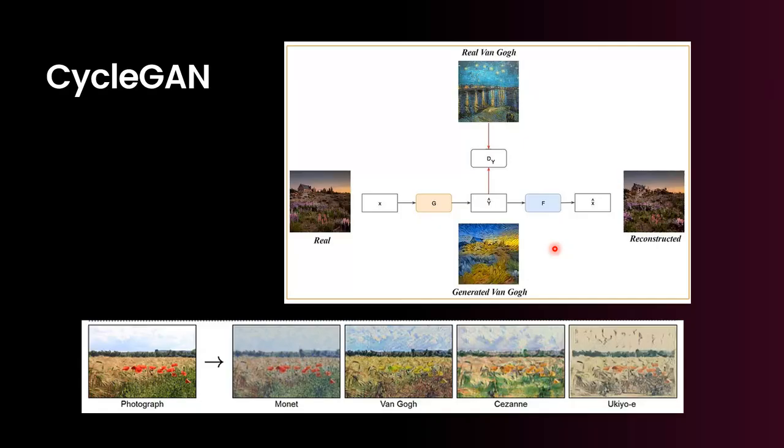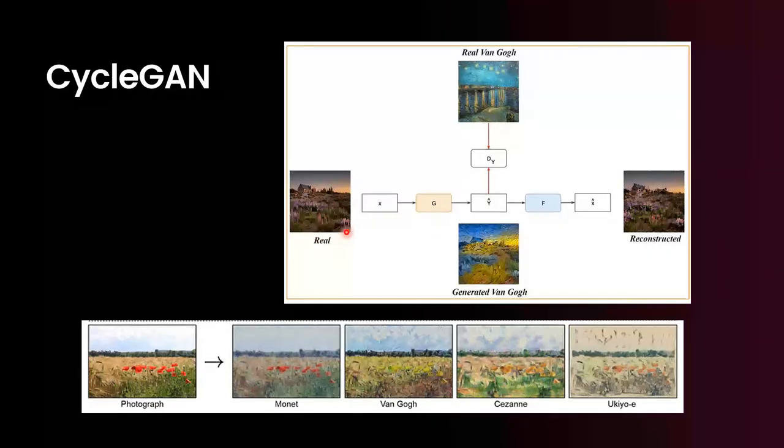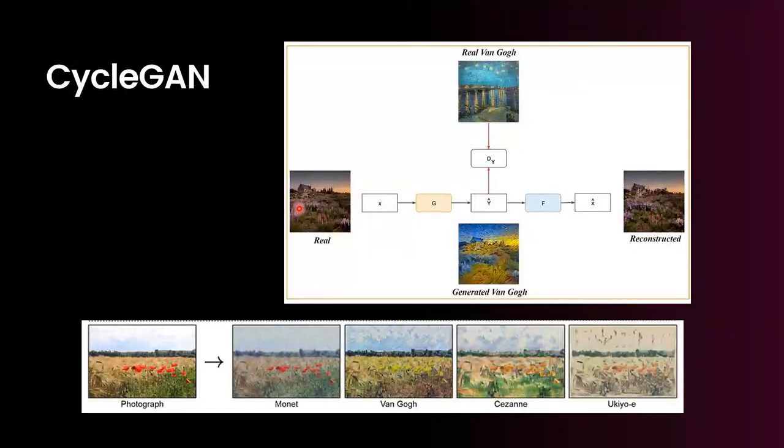So what is our case? Maybe we have an image taken at night, and we want to generate an image of the same scene in another time, or maybe in another season. Maybe it's in the summer and we want to make it winter. Maybe it's a sunny scene and we want to make it a rainy scene.